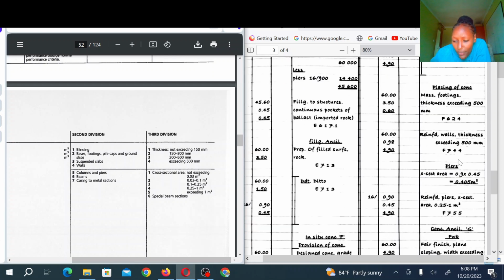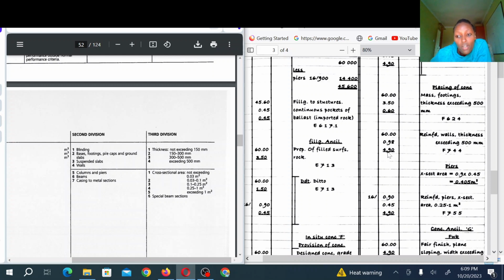Okay, so 975, it exceeds 500 millimeters thick. So we shall write the total length 60, the width is 0.98 as the average thickness of the wall. Then the height of the wall shall be 4.9. That is the placing of concrete.